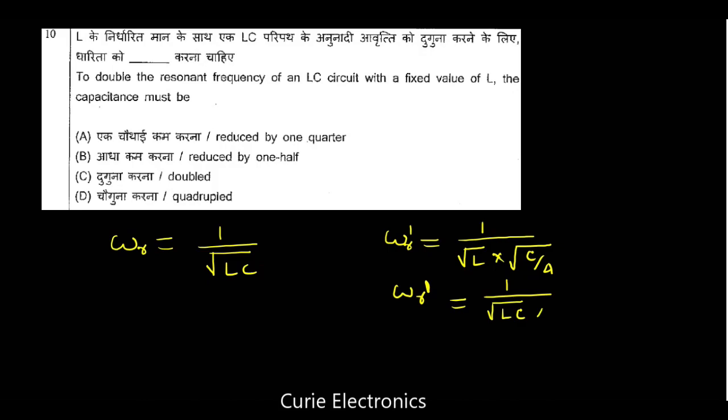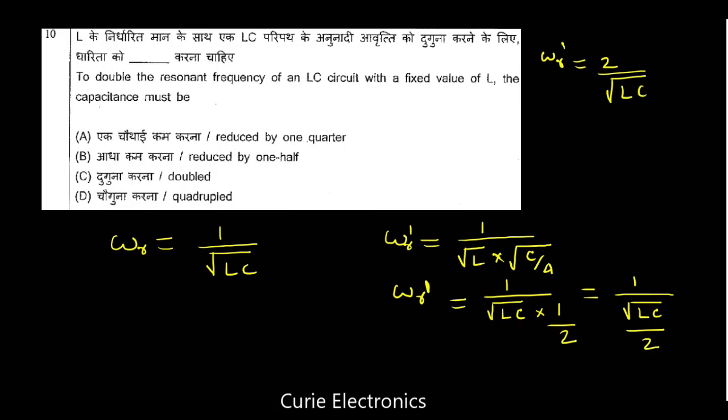What is the square root of 1 by 4? That is 1 upon 2, so it equals 1 upon root LC upon 1/2. So omega r dash, the new resonance frequency, equals 2 upon root LC.